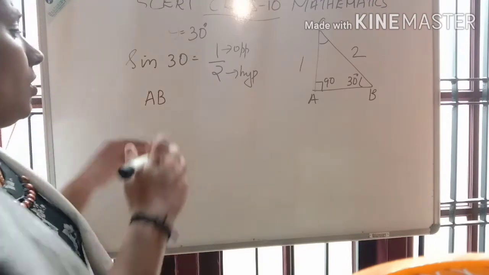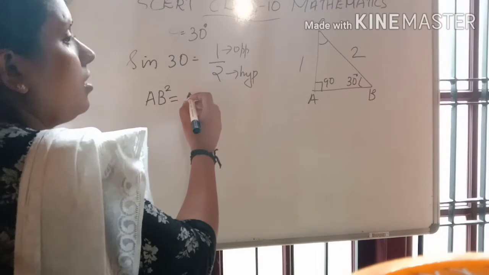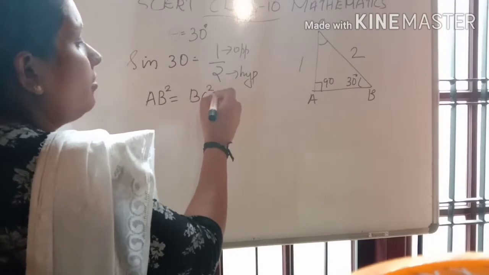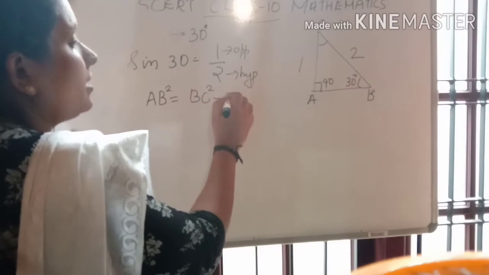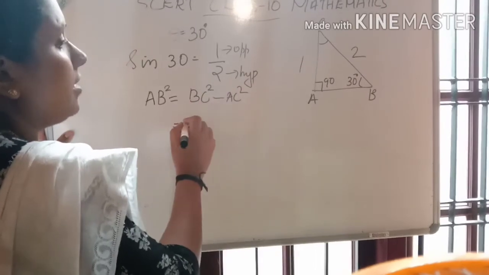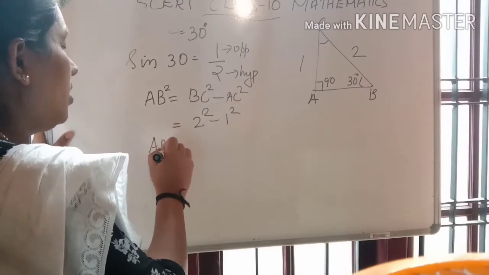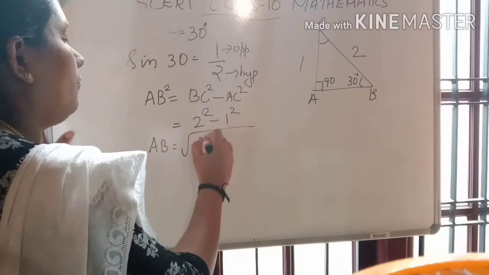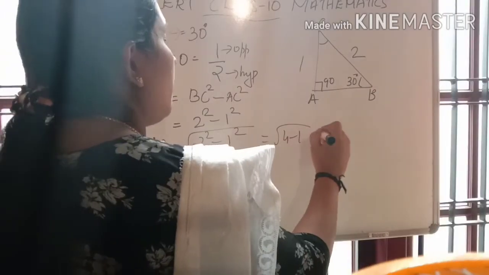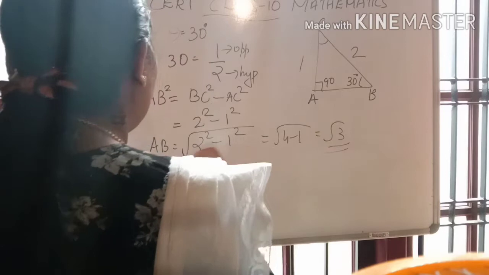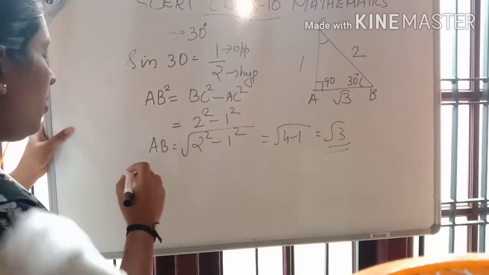AB square is equal to BC square minus AC square, that is 2 square minus 1 square. AB is equal to root of 2 square minus 1 square, which is root of 4 minus 1, that is root 3. So AB is equal to root 3. We can easily find out cos 30 degree.